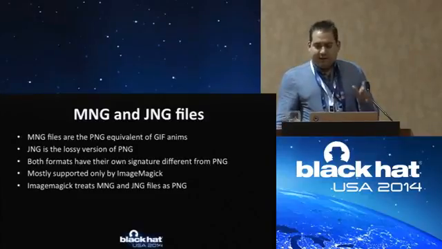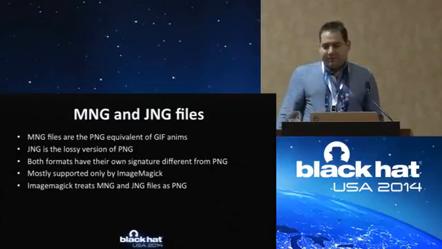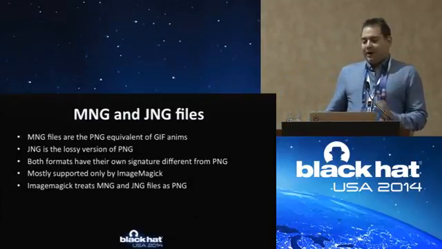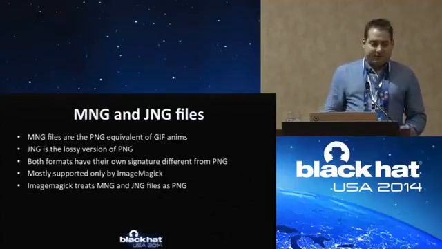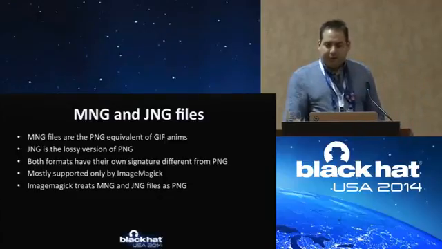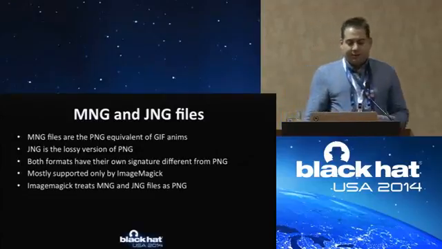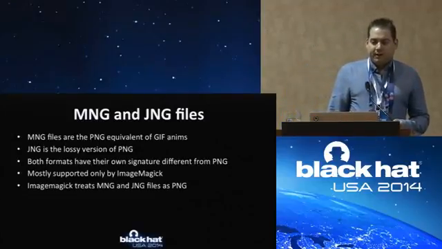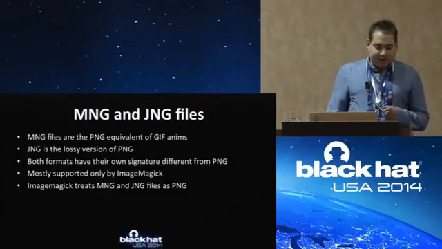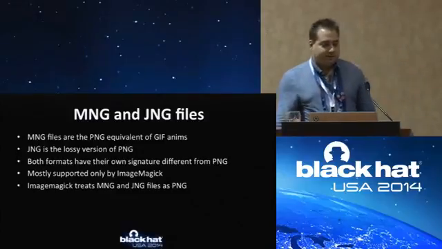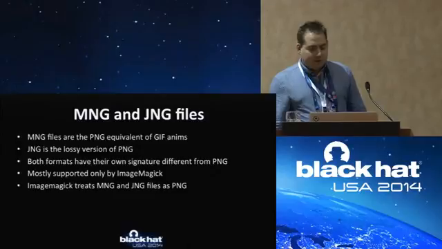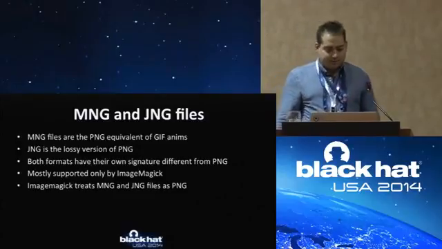They have a starting signature that is really different from PNG, but you might be able to put chunks that belong in one format in the other and see what happens. One interesting point is that if you take an MNG or JNG file and call it .png, ImageMagick will be very happy to decode it. So it's a very good way to find out if a web server is using ImageMagick to decode its files.